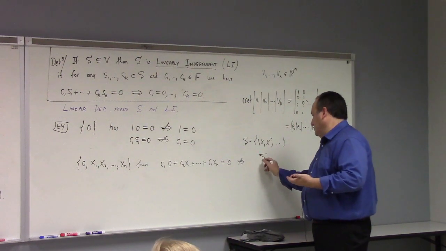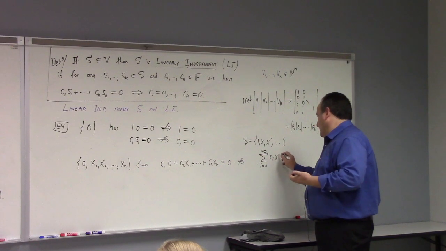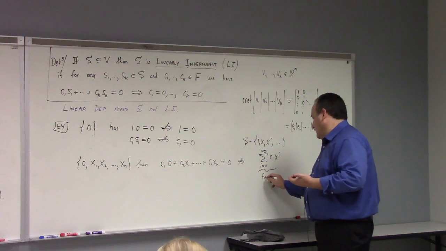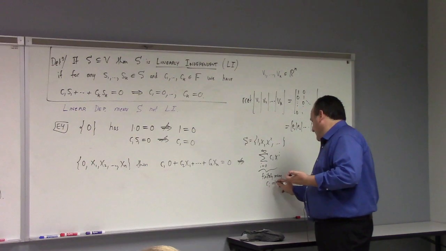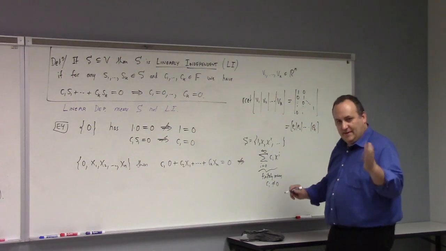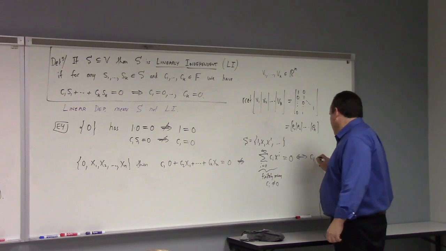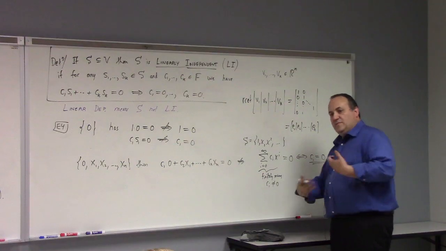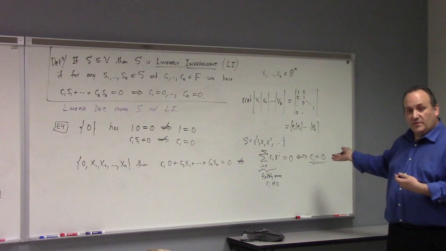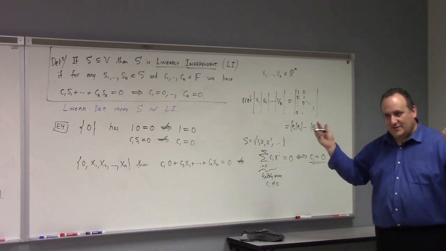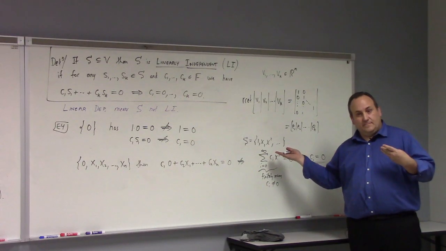Because if I take a sum, i equals 0 to infinity, of ci x to the power i with finitely many non-zero, in other words a polynomial, and I say that polynomial is equal to 0, you guys know the drill. That is true if and only if the ci's must all be 0. A polynomial is only 0 if its coefficients are all 0. That testifies to the fact that the set of monomials is linearly independent.